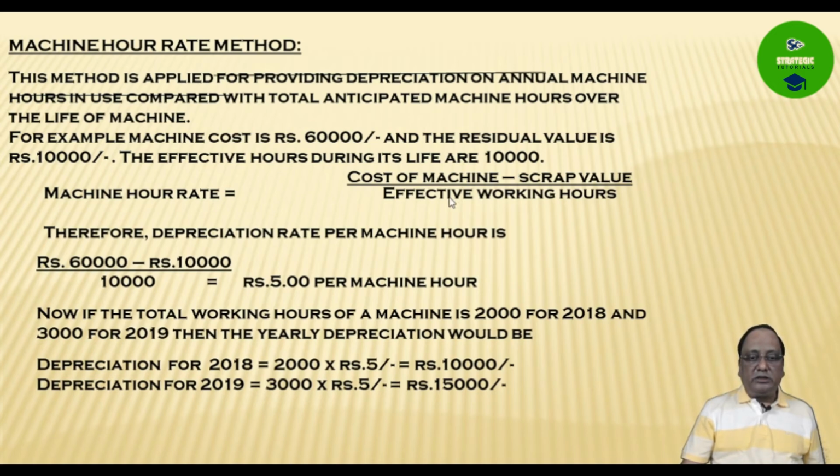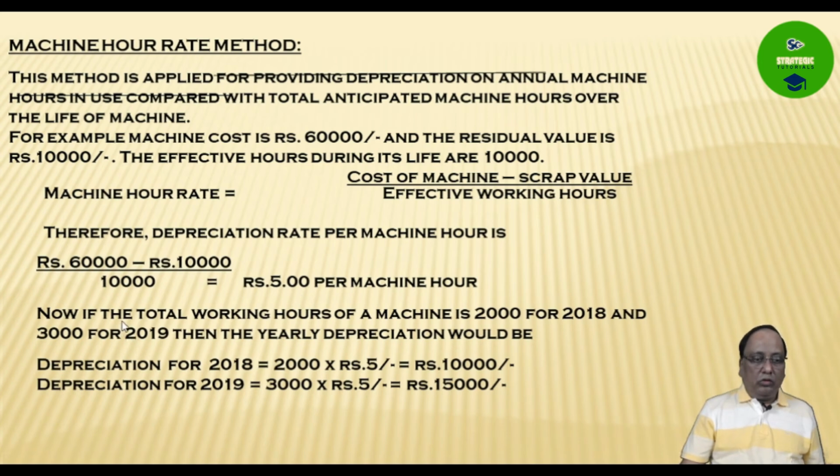So the machine hour rate is cost of machine minus scrap value divided by effective working hours. Therefore, the depreciation rate is 60,000 minus 10,000 divided by 10,000 hours, so 5 rupees per machine hour.